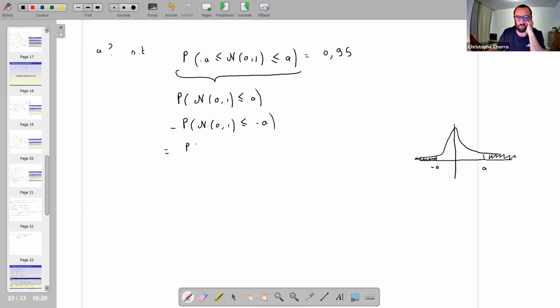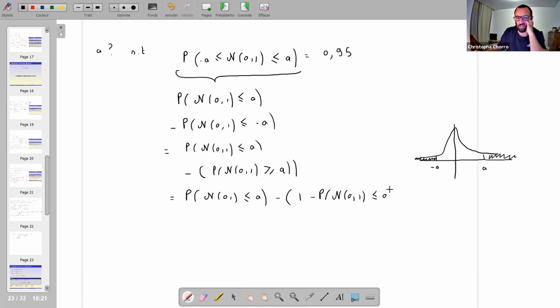So I have the probability that N(0,1) is less than a minus the probability that my N(0,1) is greater than a. And I can express this using the distribution function: the probability that N(0,1) is less than a minus 1 minus the probability that N(0,1) is less than a, using the probability of the complementary set.